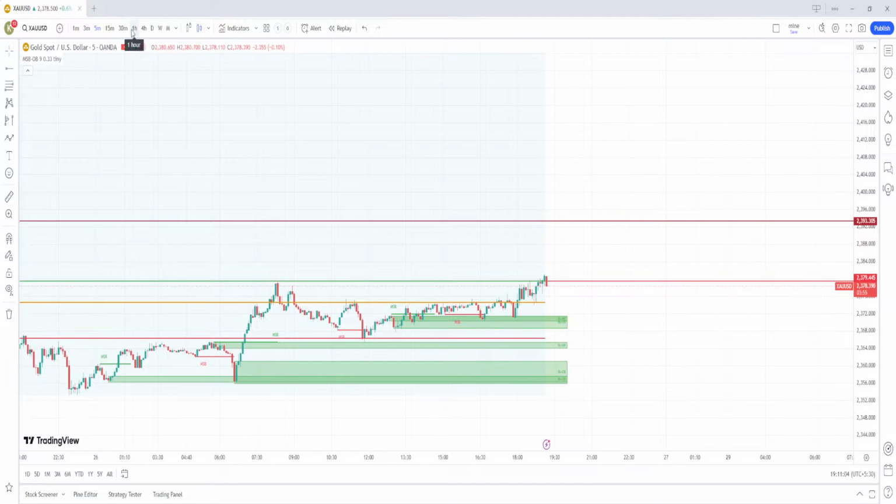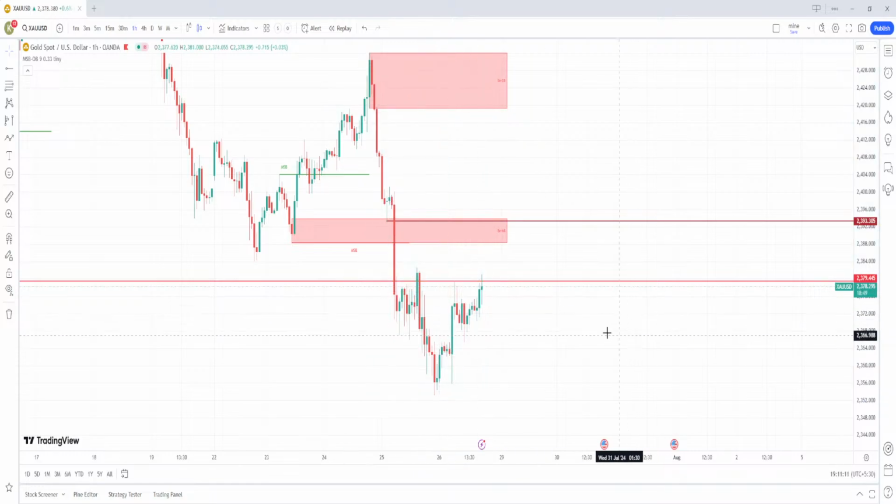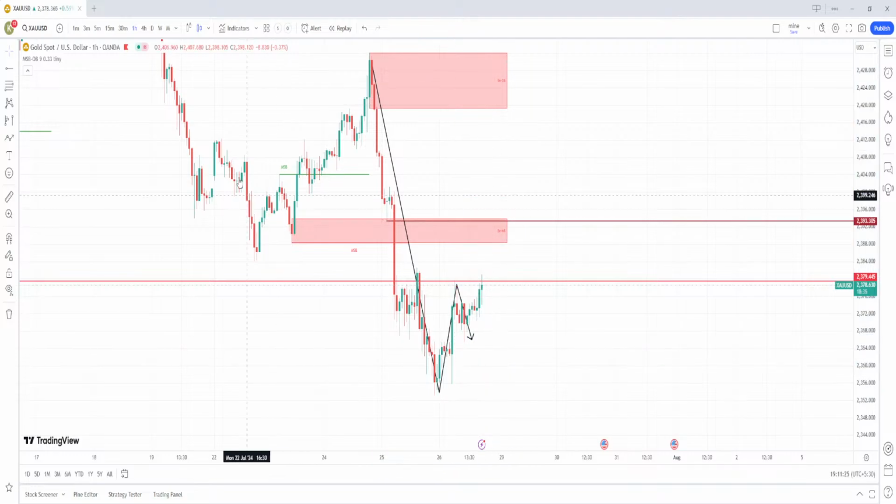See, on this time frame, whenever the structural change happens, there is a huge downtrend, then a lower high and a higher low.